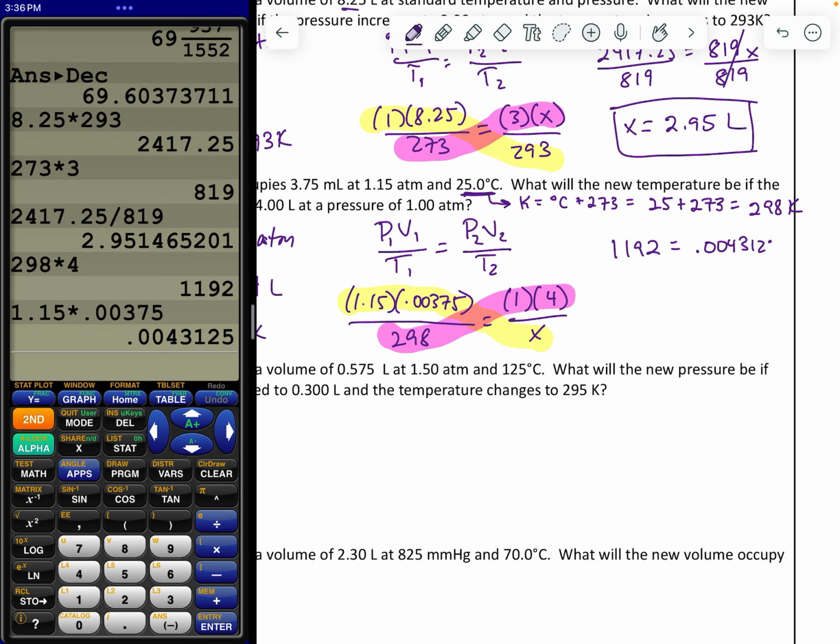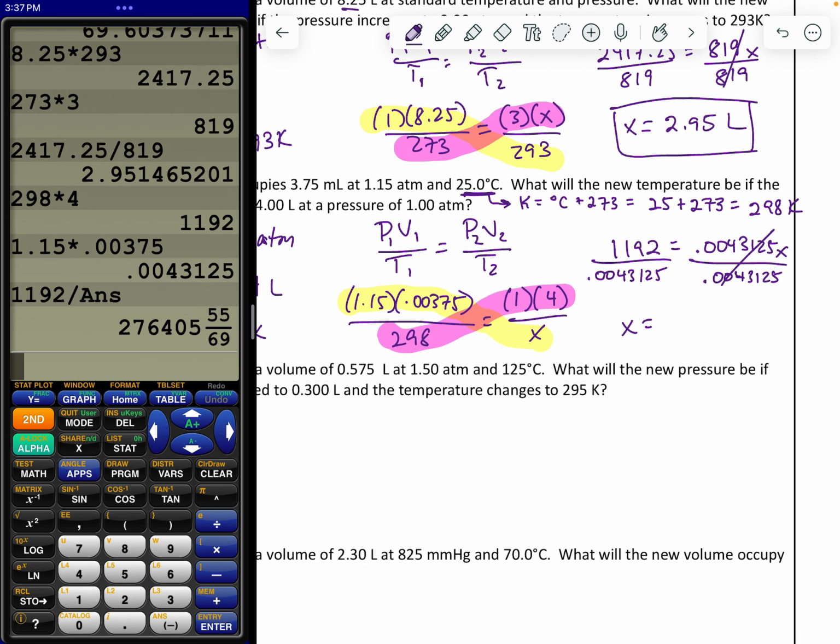Let's just do 125x. So 0.0043125 X equals 1,192 divided by that value.